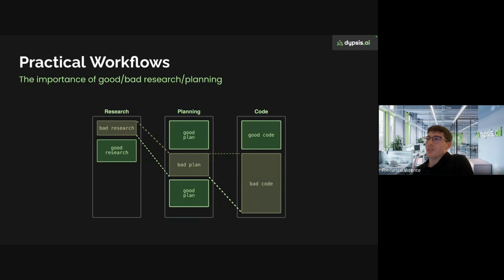But one line of wrong research or one line of wrong planning can produce a lot of wrong code. So you have to be careful with this approach to really guarantee that the understanding of the code base is correct and the plan makes sense according to what you want to build, so as to avoid having code that is produced and is wrong and doesn't solve your problem or doesn't actually provide you the feature that you wanted.